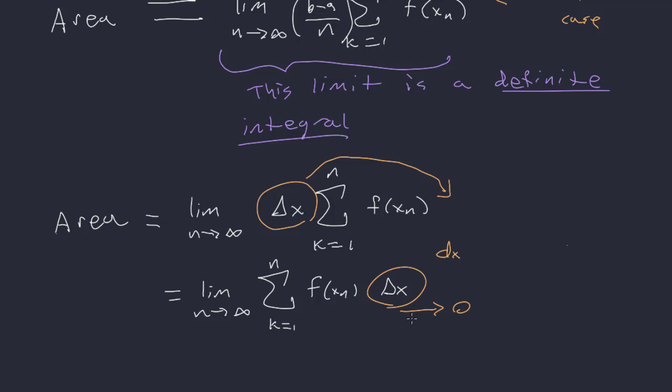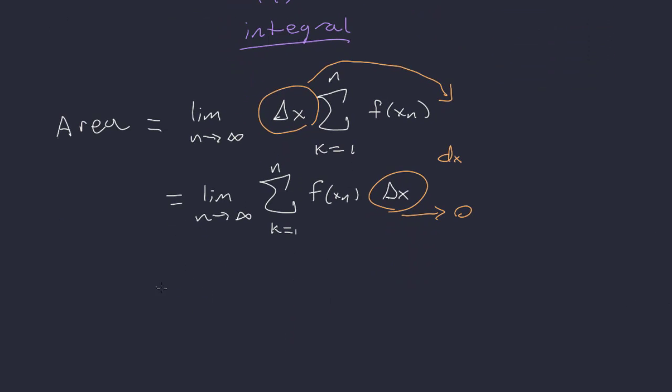So what ends up happening here is this limit goes to a very specific mathematical object that we call the definite integral, and we write it like this. It's the integral sign from a to b, so this gives us the integral of f of x dx.